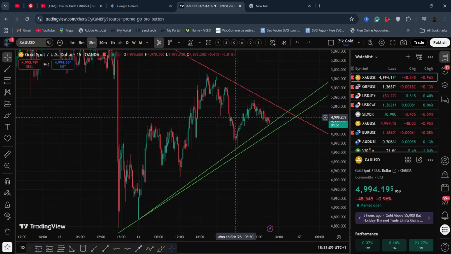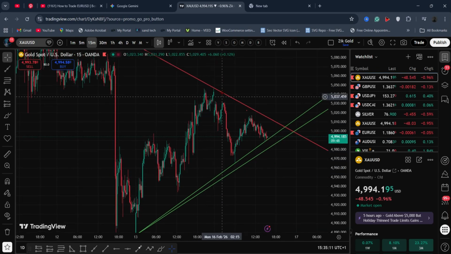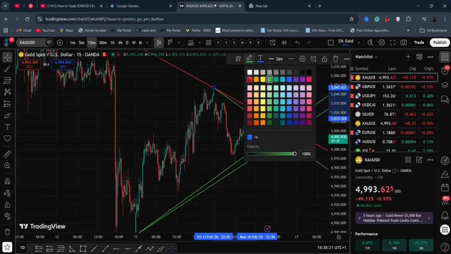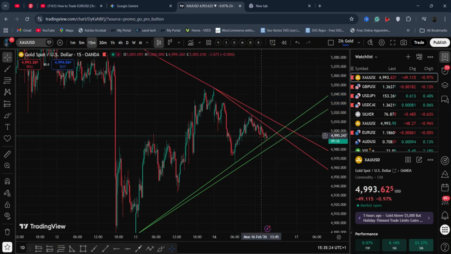As you can see, then also this one, the bearish trend line, set it to this point. Voila, easy. I don't need to even explain it. If you understand how I'm drawing the line, you should understand how this strategy works.